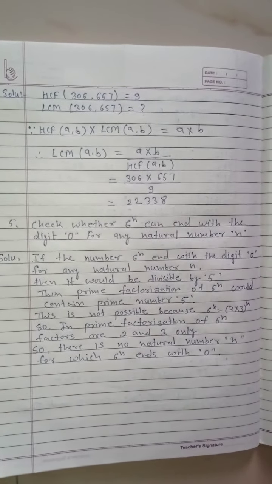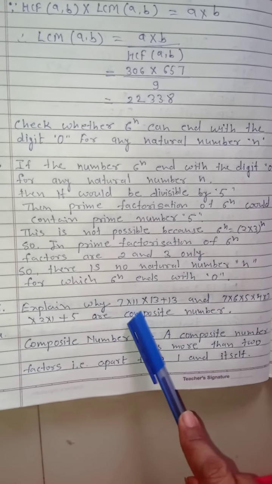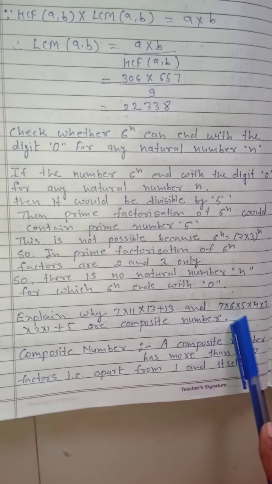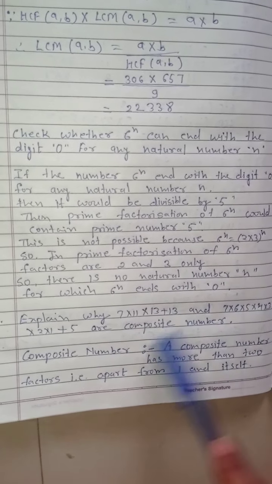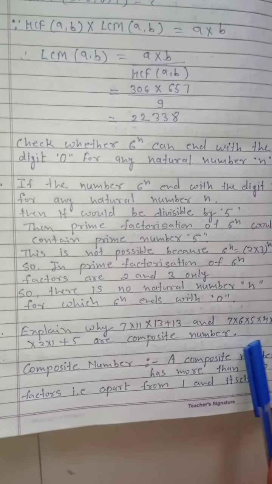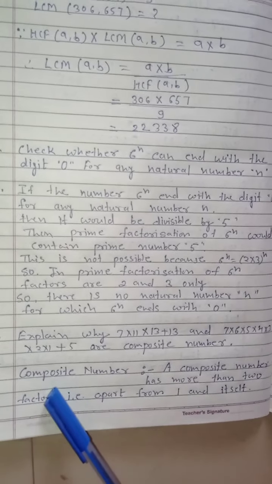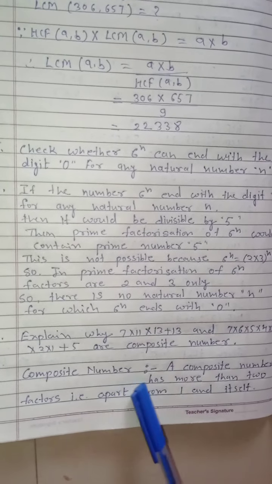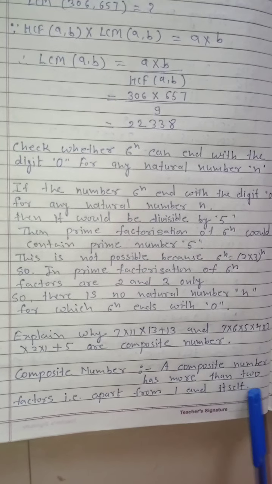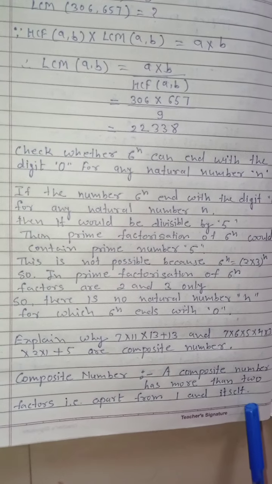Explain why 7 into 11 into 13 plus 13 and 7 into 6 into 5 into 4 into 3 into 2 into 1 plus 5 are composite numbers. Before solving the problem, we see the definition of a composite number. A composite number has more than 2 factors, that is, apart from 1 and itself.